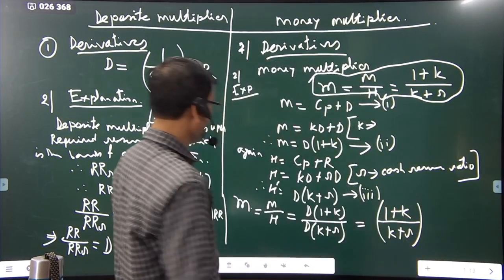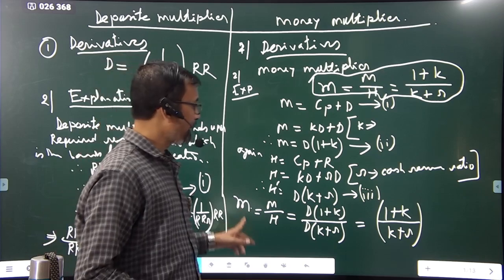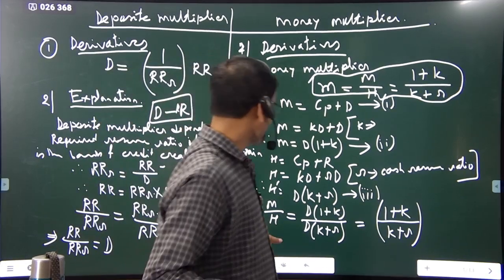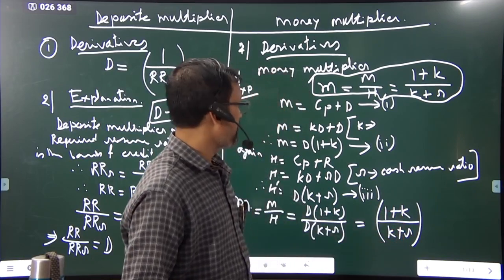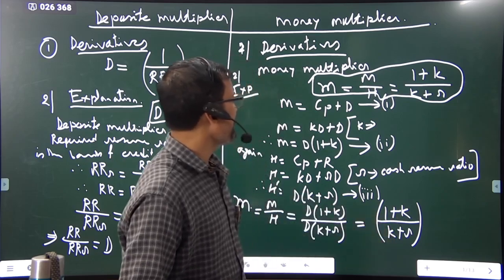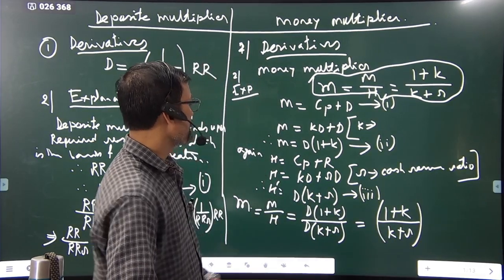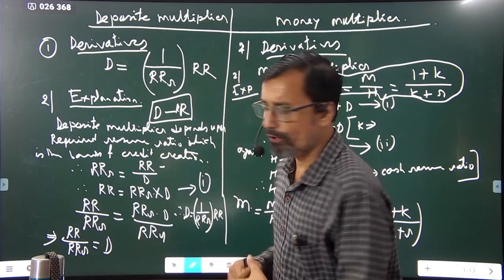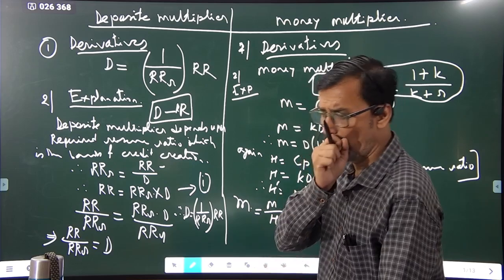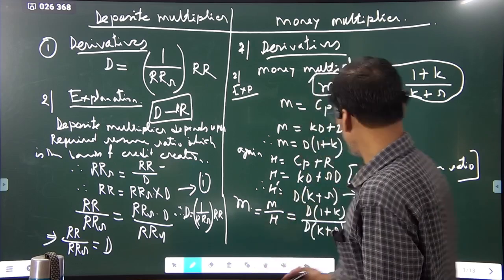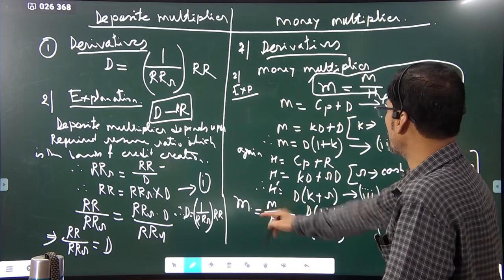So ultimately the multiplier value is given by 1 plus K divided by K plus R. K indicates the amount of cash held by the public. So this is the equation of the multiplier.